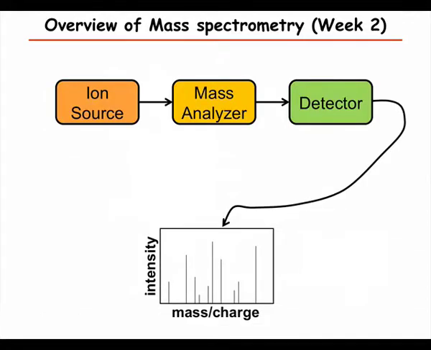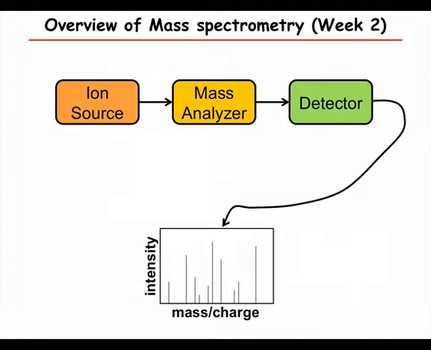Then next week we're going to talk about mass spectrometry. The basic mass spectrometer is an ion source, a mass analyzer, and a detector, and out of the detector comes the spectrum. What we always measure is mass to charge and the intensity at each mass to charge.